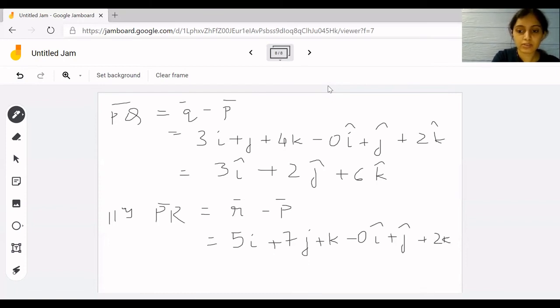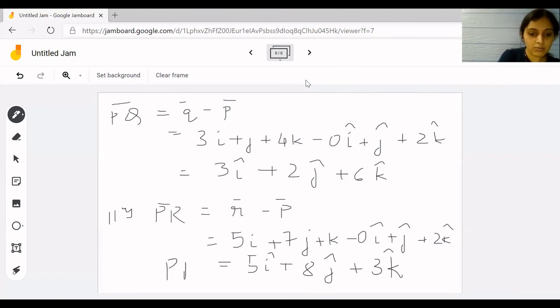Again, I have already changed the signs, that's why I'm not putting the brackets. So 5i minus 0i is 5i only, 7 plus 1 is plus 8j, and plus 3k. So this is PR bar.